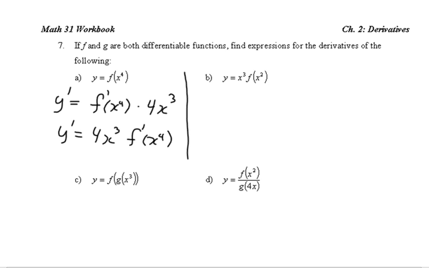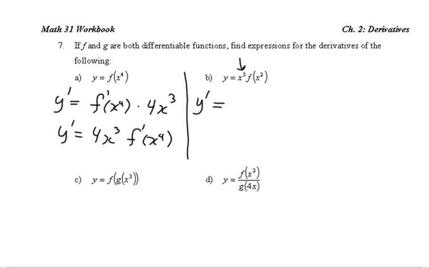In question B, believe it or not, we have a product rule and a nested function and an unknown function, all in one question. So the first thing we're going to do is the product rule. You start by taking the derivative of the first function.